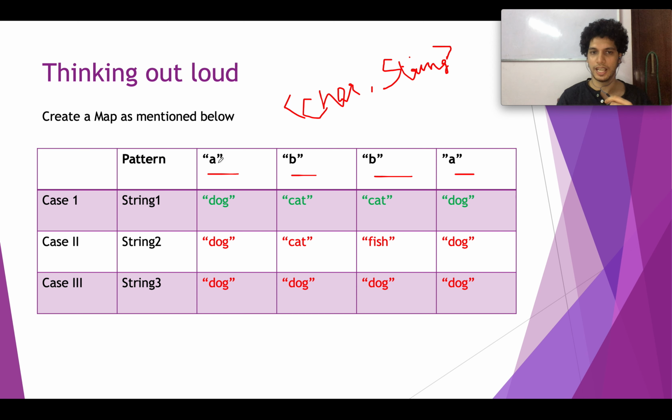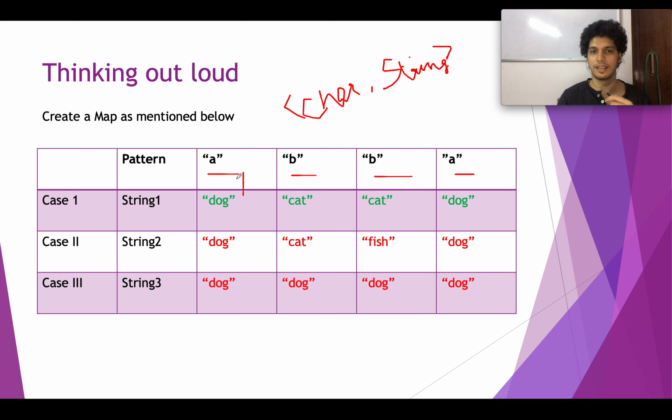So you will put A key against dog, B key against cat, B key again. If it already exists in the map, you will check whether the current value that you're going to put and the one already present in the map are the same or not. If they are different, return false. If they are equal, you move ahead and proceed to the end of the string or the pattern. So hence in this case it matches.